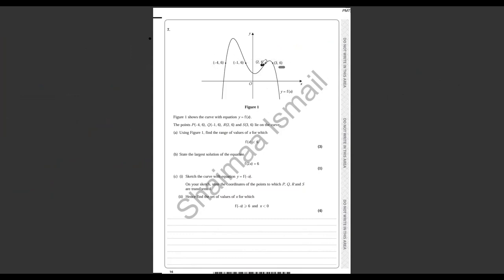Okay, the point P, here it is negative 4. So equal this P. Okay, and the point Q, 1. And here the Q. And R equal to 6 and S equal to 3, 6.